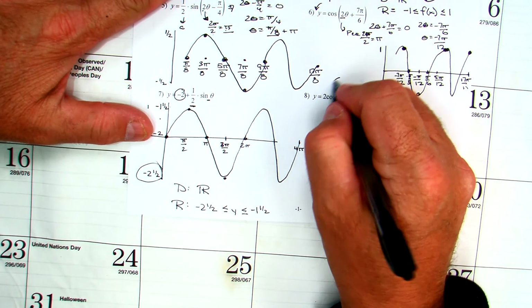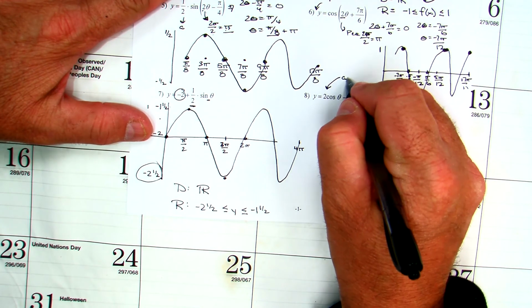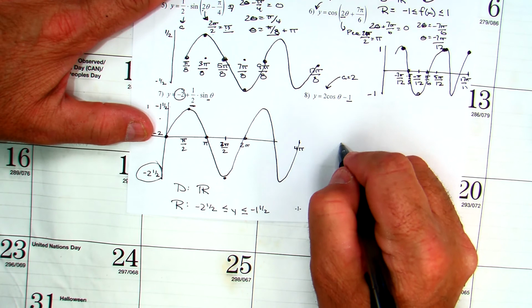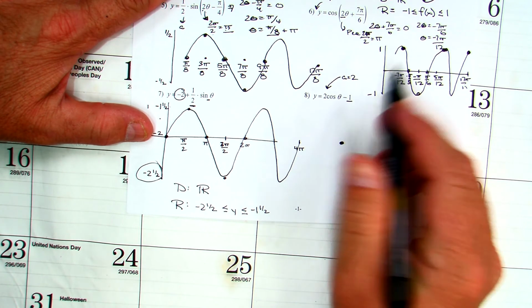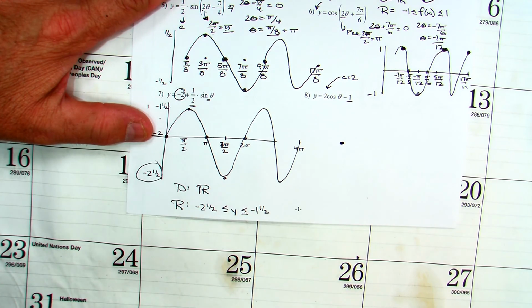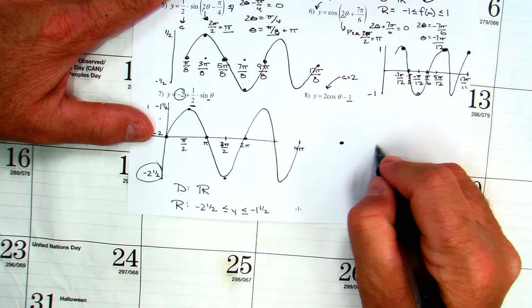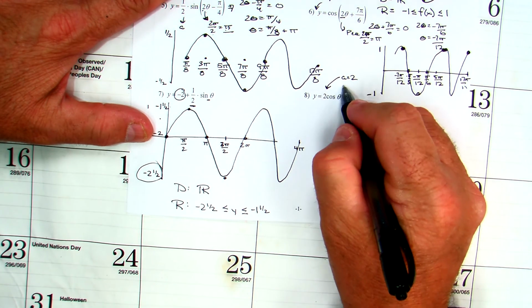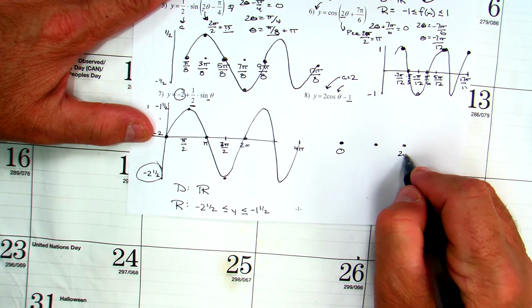All right, my amplitude is 2. I have a vertical shift of negative 1. There's no horizontal shift because there's no parentheses. All right, so I'm starting at 0. There's no coefficient of theta, so I'm ending at 2 pi.